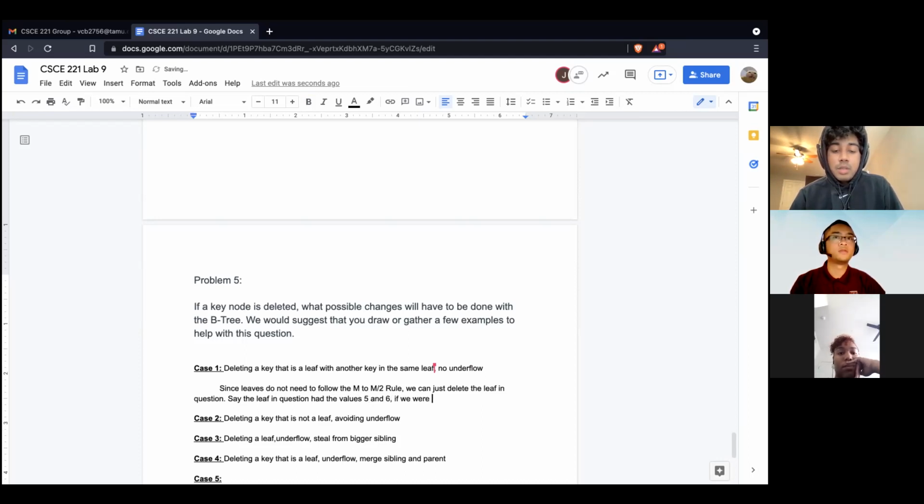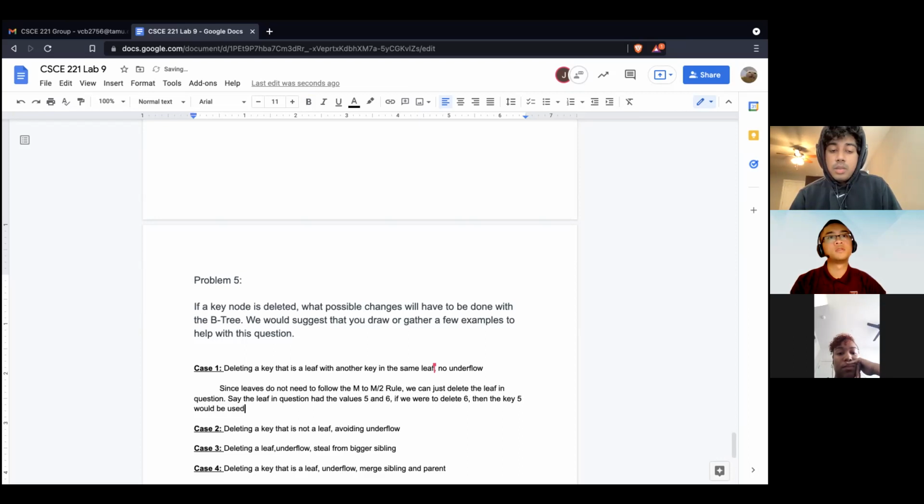If we were to delete 6, then the key 5 would be used, and the parent node would still follow the M to M over 2 rule. Is that everything we want to cover for that case before we move on? Okay.